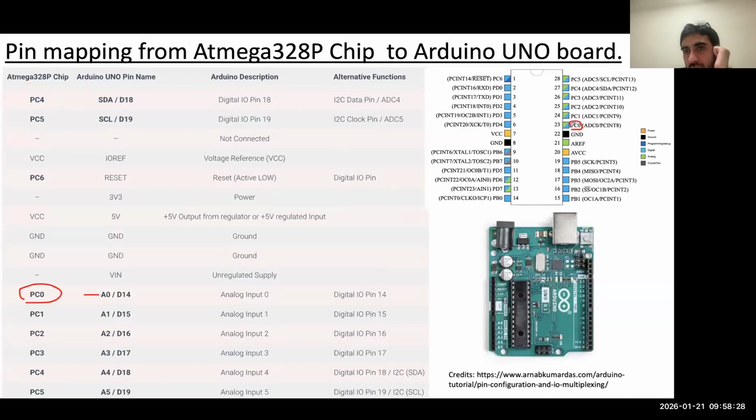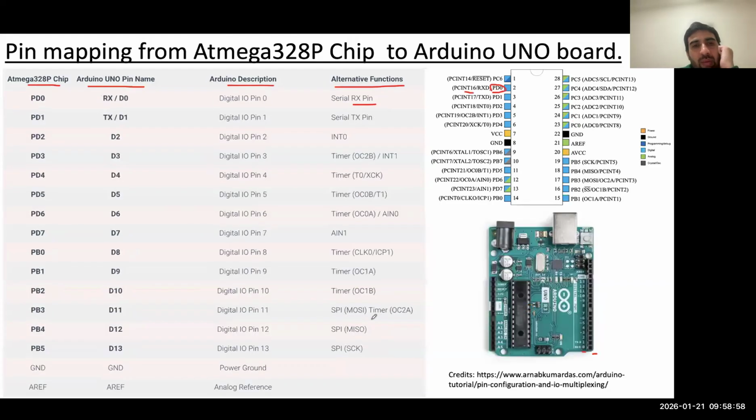So PC0 is connected with A0. Where is A0? This one, right? If I count from here, one, two, three, four, five, six, this one here is connected to A0, right?